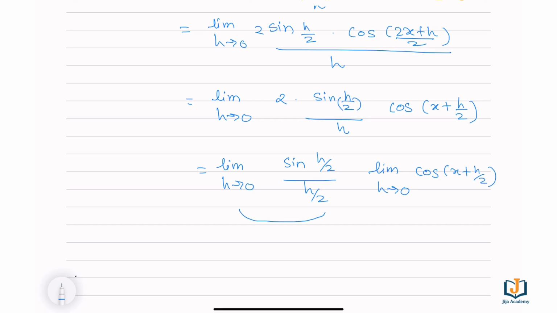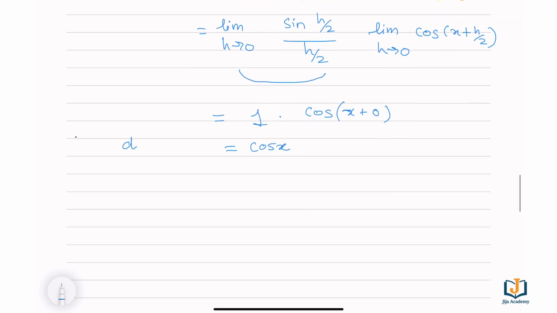So this term is 1, we know that, so 1 into cos x plus 0, so the answer is cos x. So differentiation of f of x is equal to cos x, hence proof.